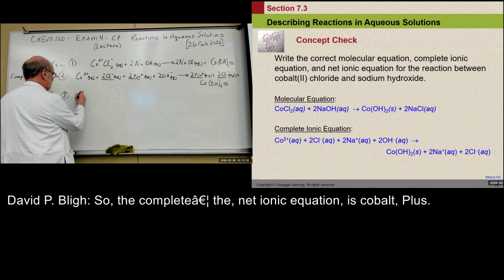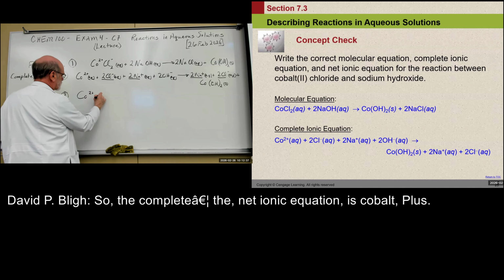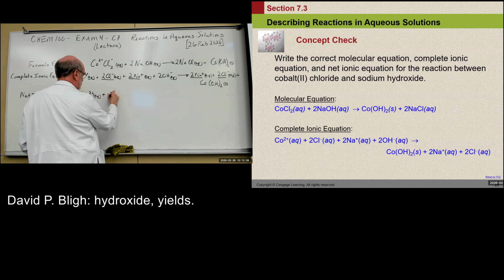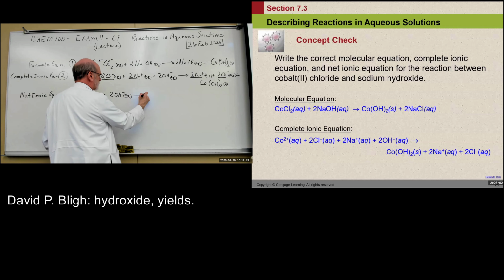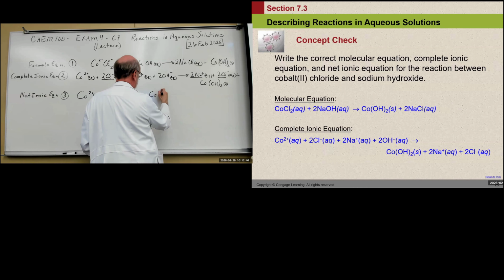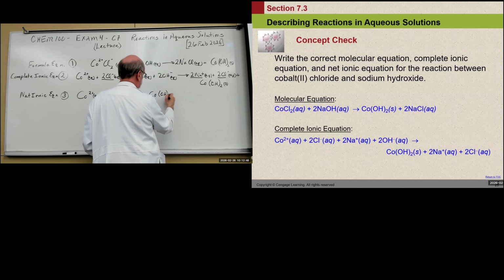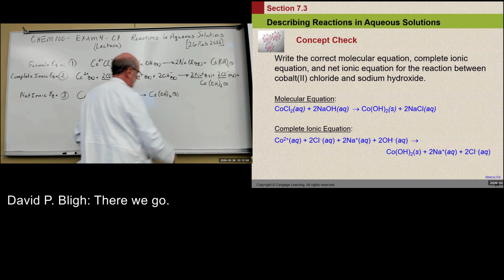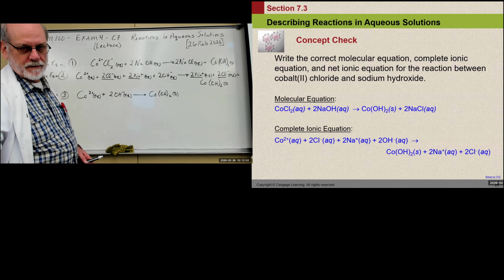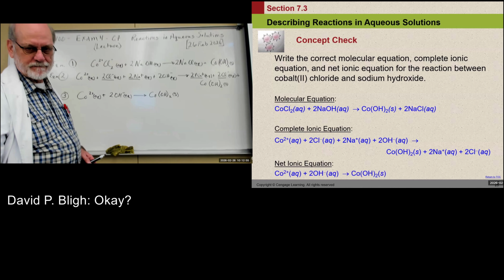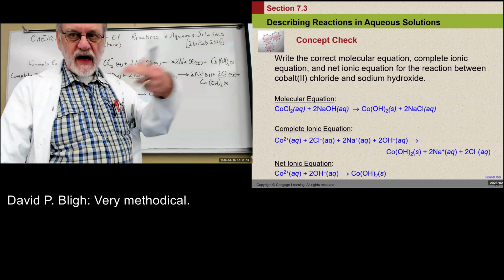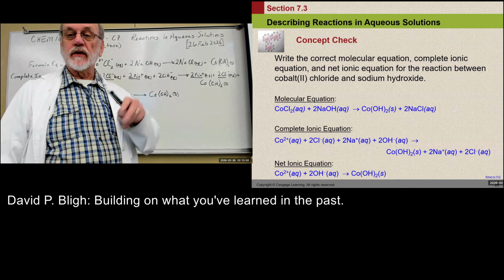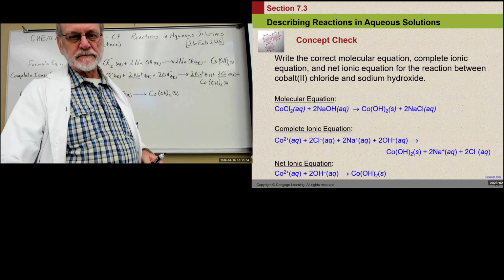So the net ionic equation is cobalt plus hydroxide yields cobalt-2 hydroxide. There we go. Okay. That's how it's done. Very methodical, building on what you've learned in the past.